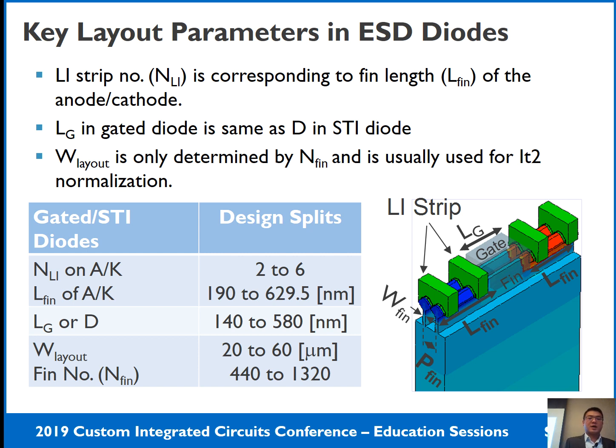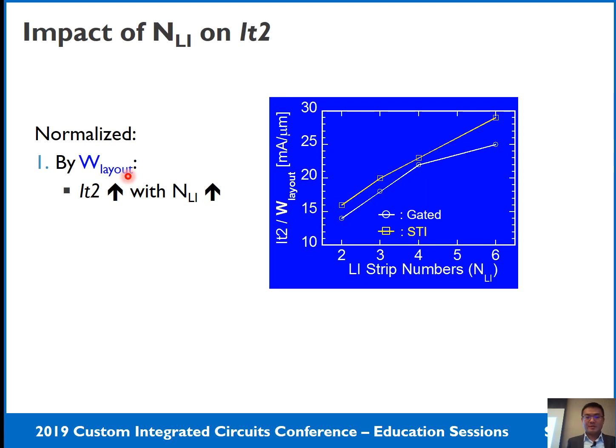So let's first look at the impact of the local interconnect number on It2. When the It2 is normalized by the layout width, the It2 increases with increasing local interconnect number in both diode cases.